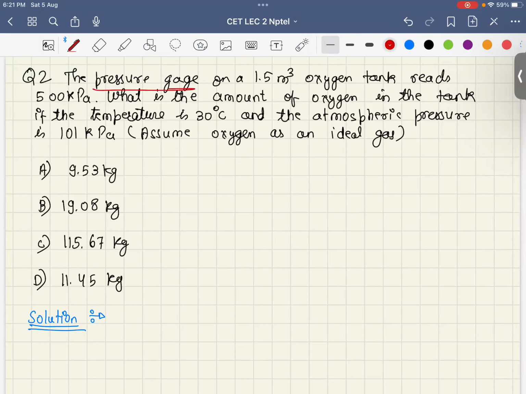So remember that here is pressure gauge. Okay? That means it's a gauge pressure. So anybody has an answer?